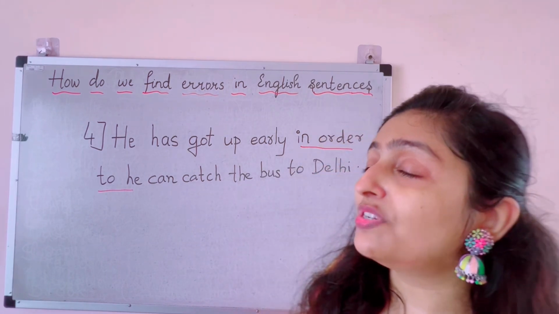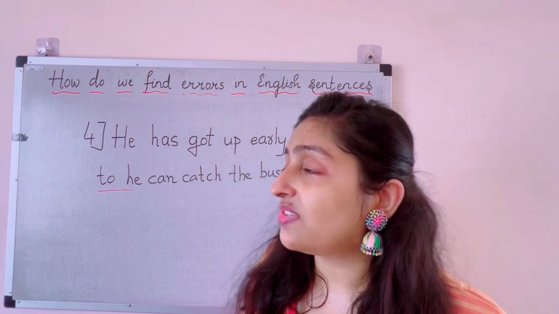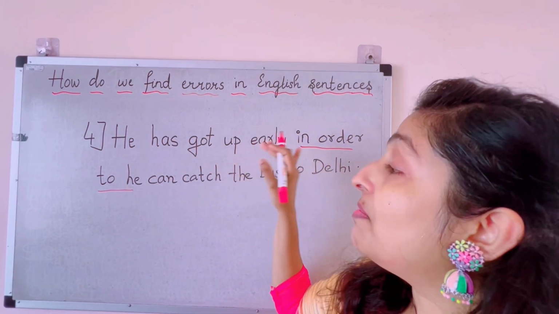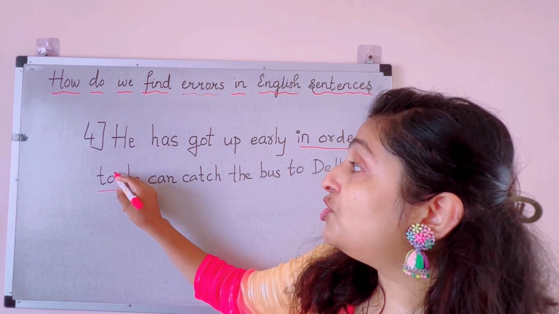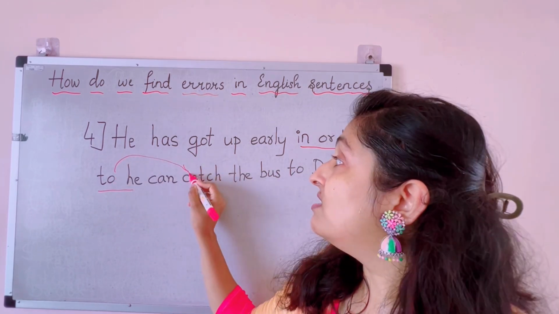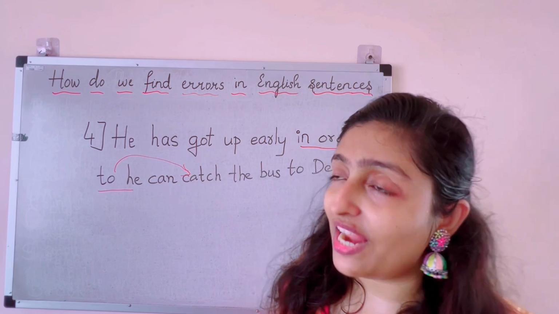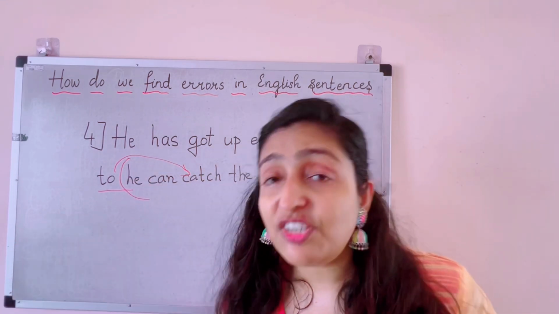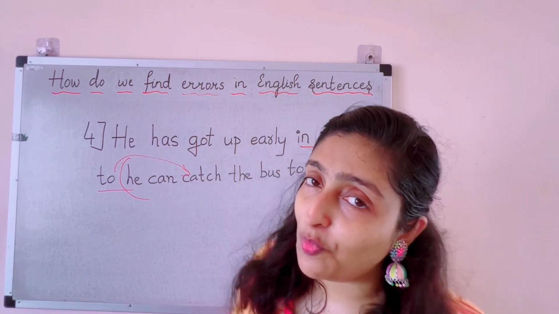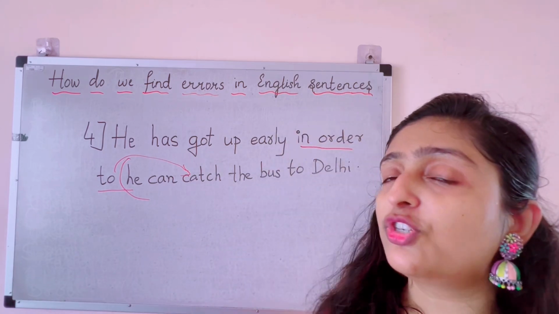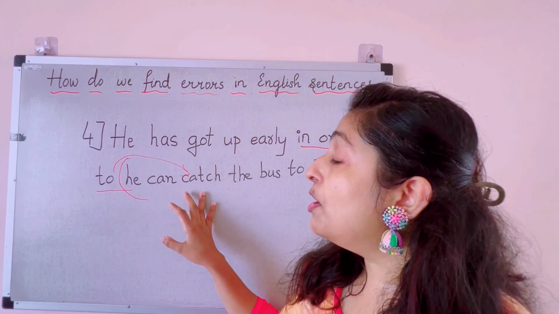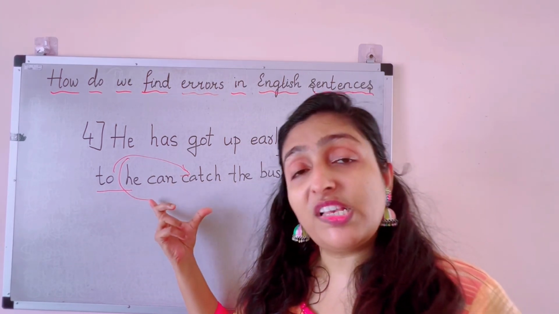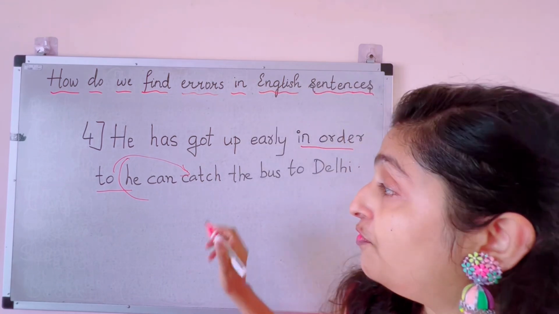As I mentioned previously, the correct statement would be he has got up early in order to catch the bus to Delhi. You cannot introduce another clause with in order to, because the verb follows to, which is the infinitive form. To plus verb is the infinitive form.